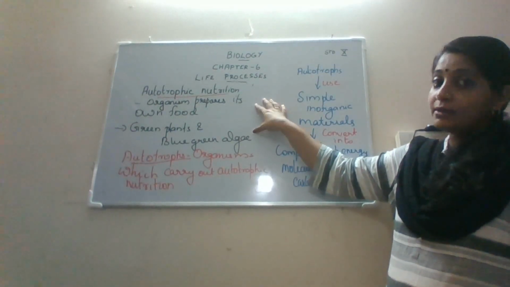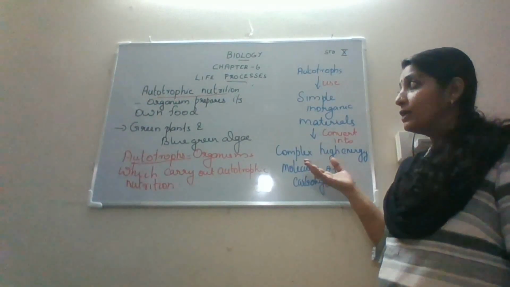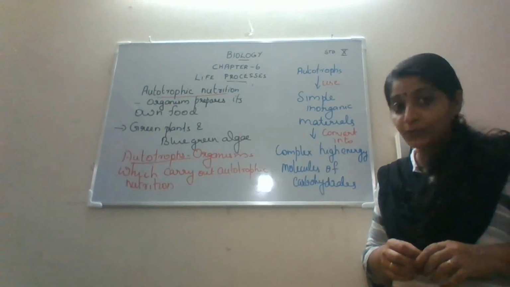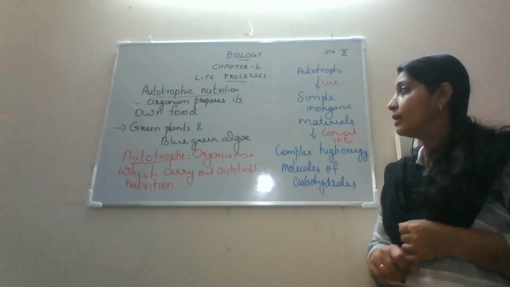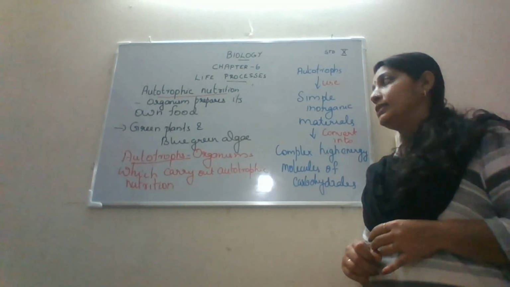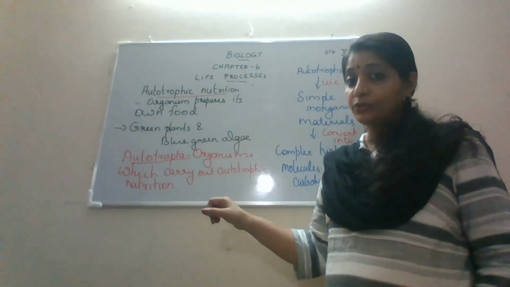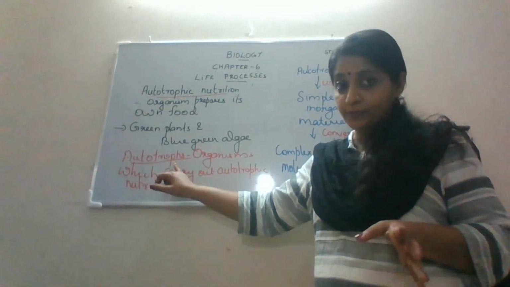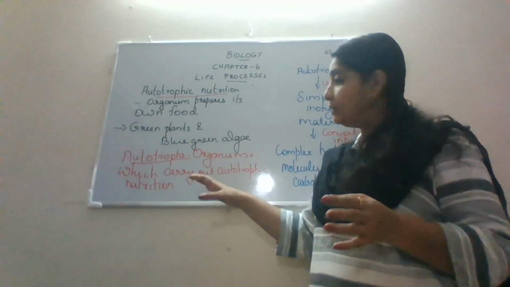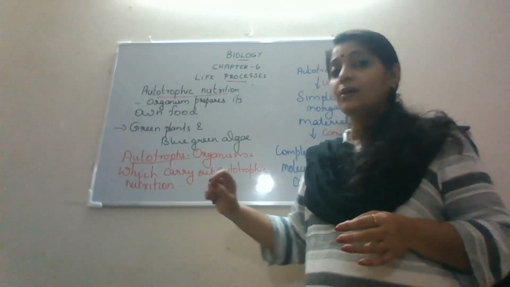Usually green plants and blue-green algae go for the autotrophic mode of nutrition. Even bacteria which have chlorophyll can do autotrophic nutrition. The organisms which carry out autotrophic nutrition are called autotrophs.